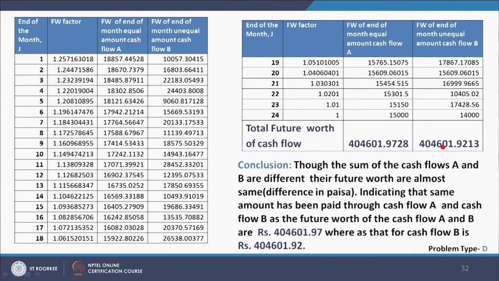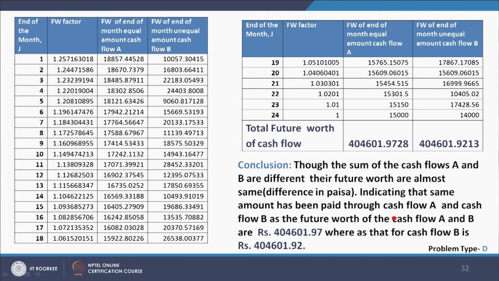So, we fill up this table, and the future worths of both the cash flows are the same, whereas the sums of both the cash flows were not the same.